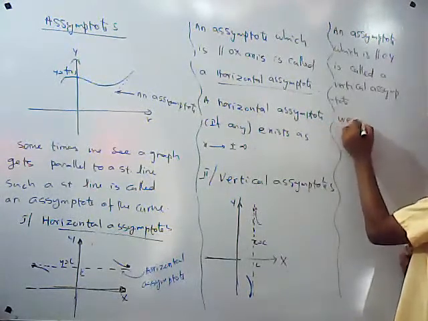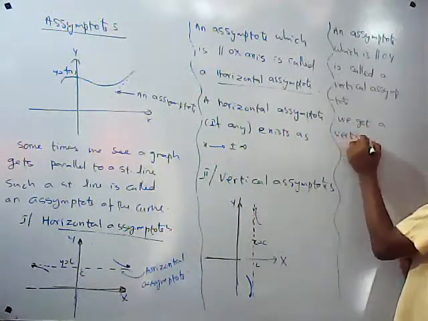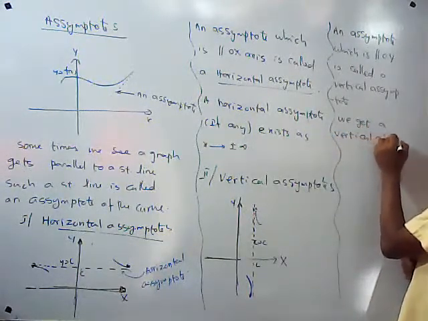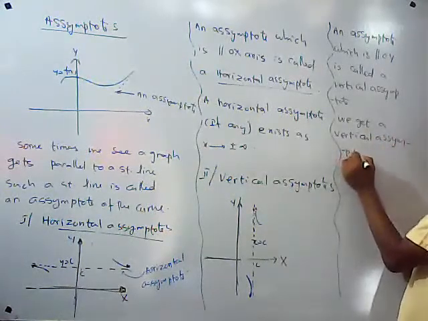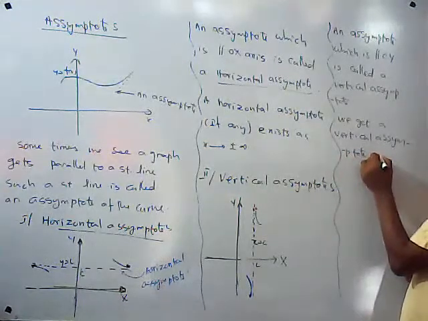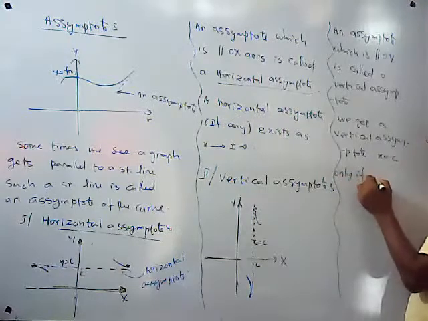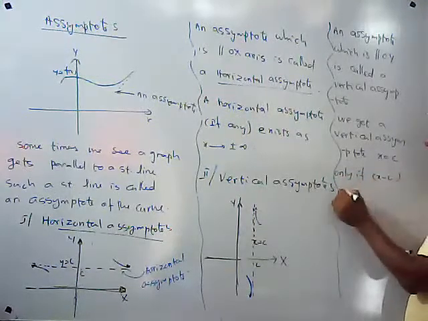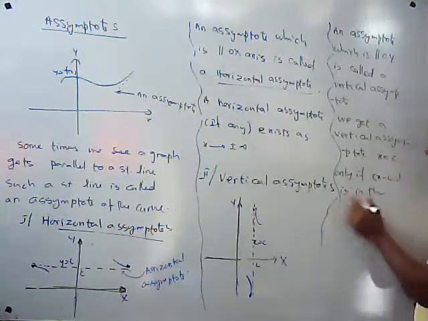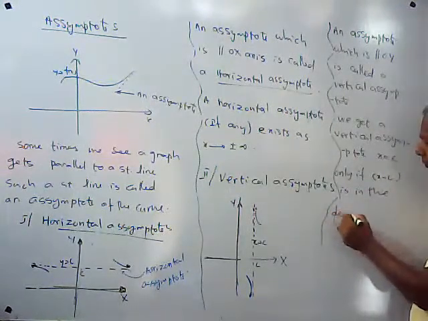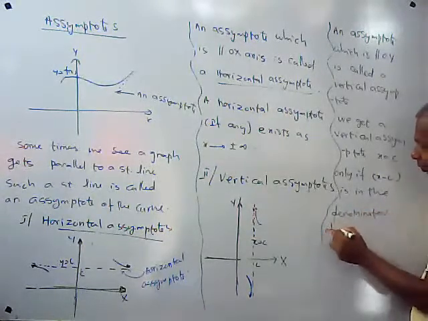We get a vertical asymptote x equals c only if x minus c is in the denominator of y.